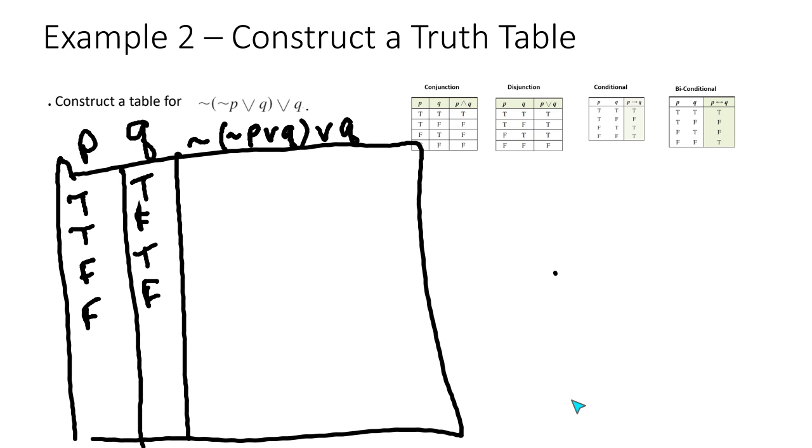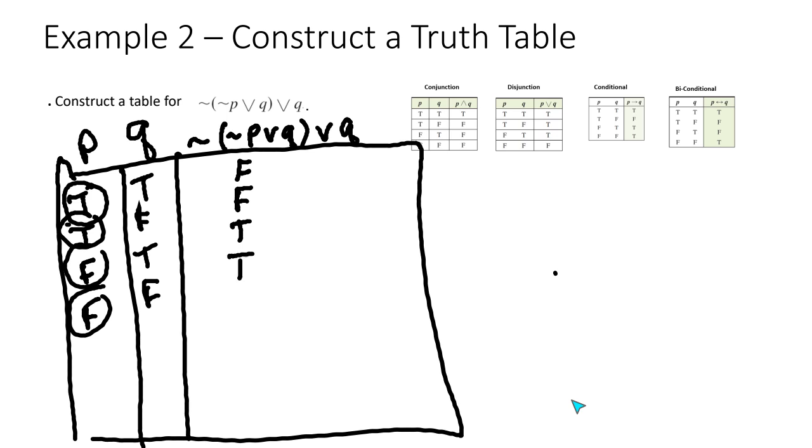So first, I'm going to take care of negation P. So for negation P, if I have true, then this is going to be false, right? So I'm looking at P here. And then I have true again, so that's going to be false. And then false would be true, and false would be true. So I'm going to call that number 1.